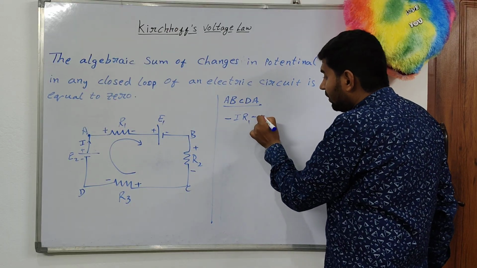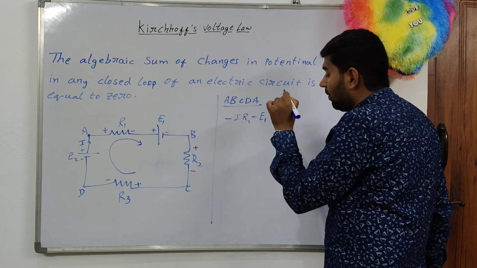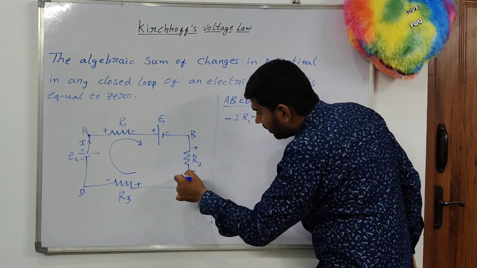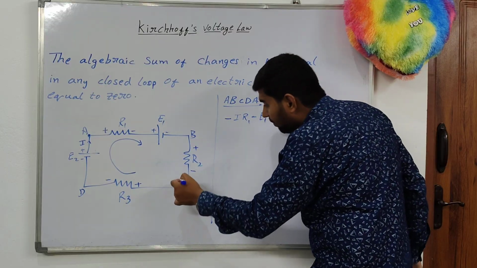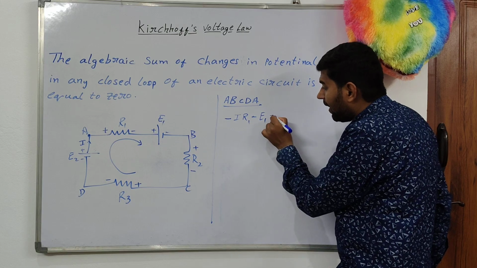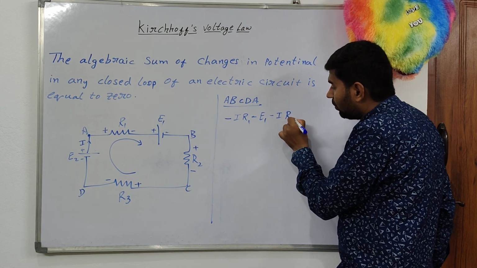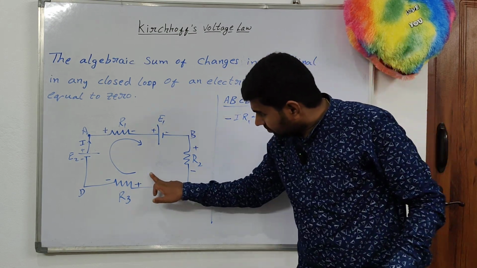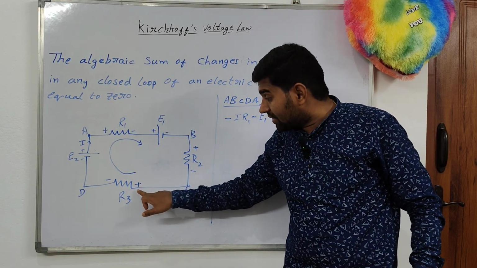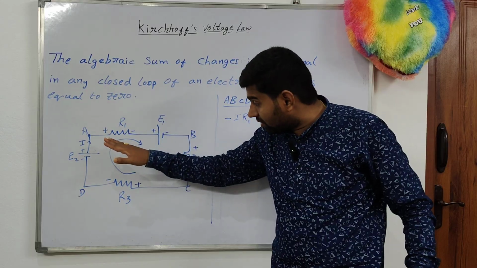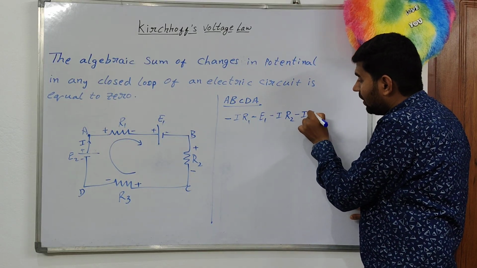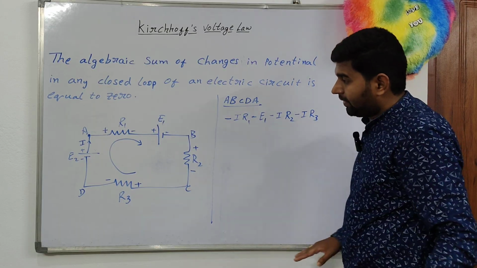There is a drop in potential, minus E1. Here we are moving in this direction and the current is also moving in the same direction, so there is a potential drop, minus I into R2. In the same way, here we are moving in the clockwise direction, both directions are the same, higher to lower, and here also there is a potential drop, minus I into R3.